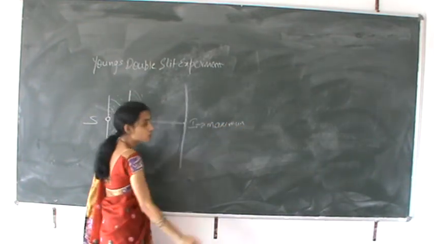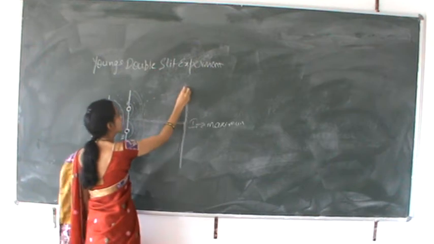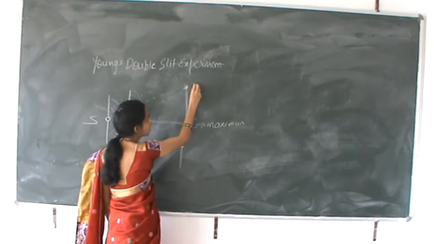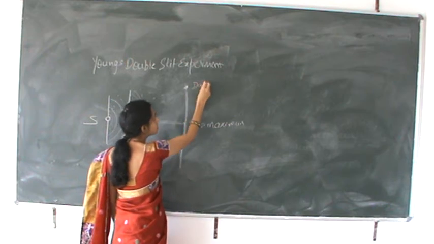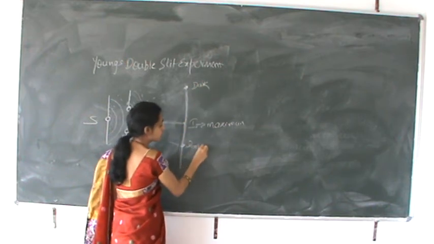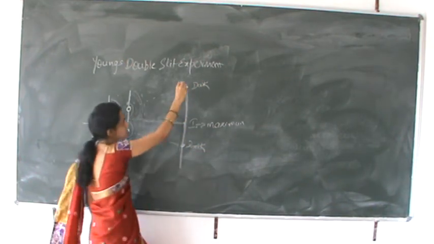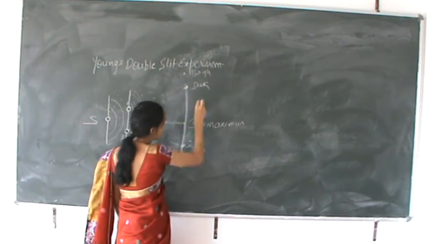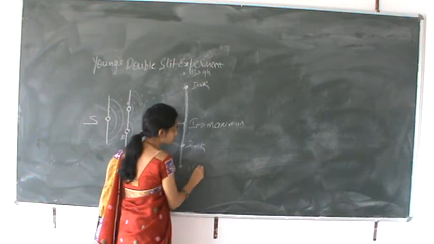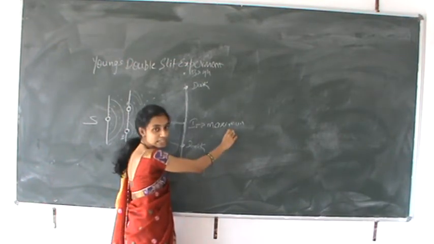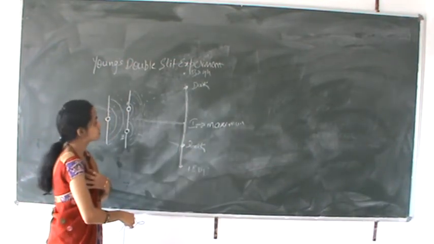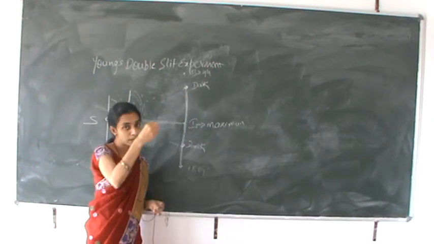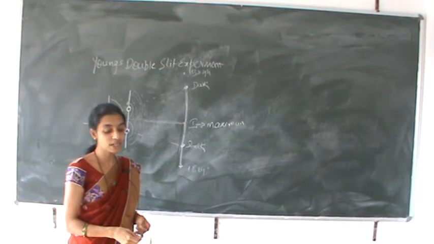Next, we get a dark band, the dark fringe, and once again next a bright one, the first bright fringe on both sides. Exactly at the center the intensity is maximum, next to that dark, and next to that bright pattern, obtained on that screen.